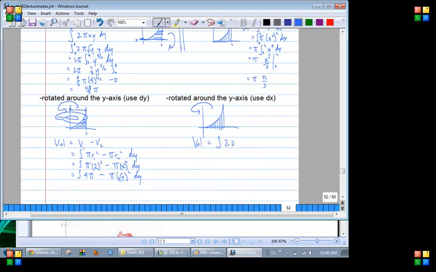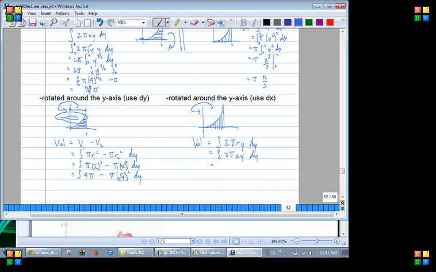Integral of 2 pi r times y dy. And what's the radius? The radius is just x, but what's x?